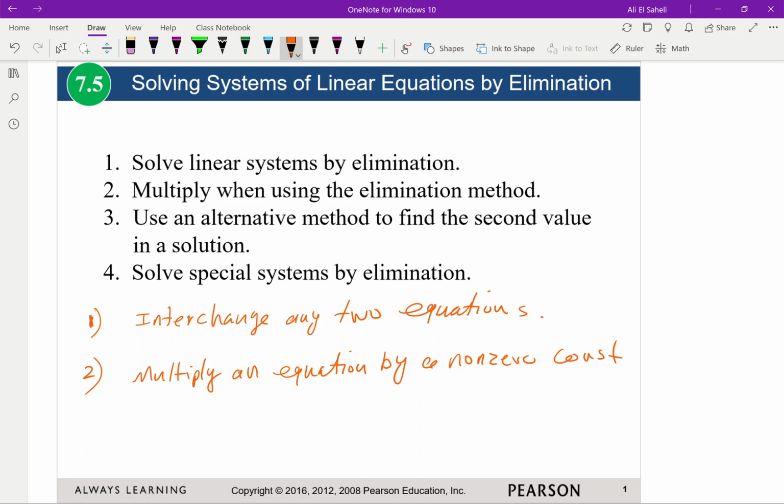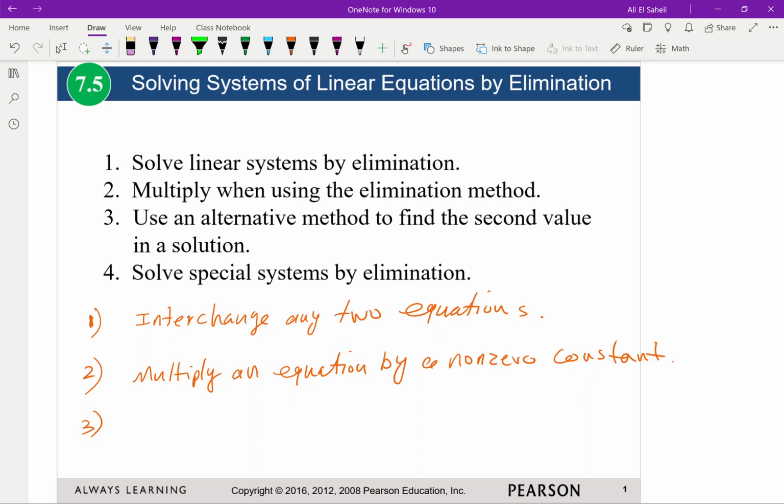As long as you're multiplying the entire equation, the left side and the right side of the equation. If you multiply by 0, you simply get 0 equals 0, so you are losing information about the system. That's why we want the constant to be non-zero.